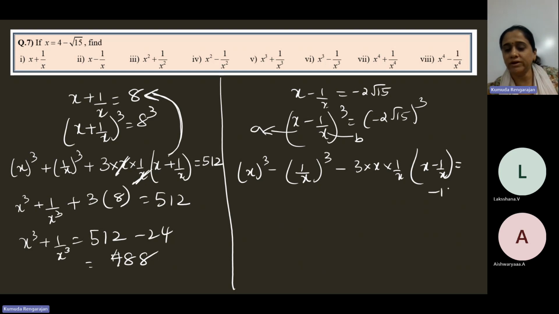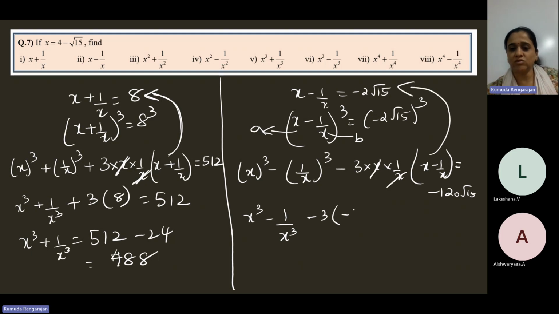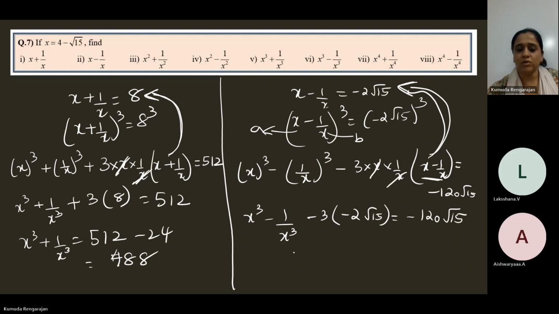So we have x cubed minus 1 by x cubed, minus 3 into x minus 1 by x, whose value here is minus 2 root 15, is equal to minus 120 root 15. So x cubed minus 1 by x cubed, minus into minus, Shreya, looking at the board?